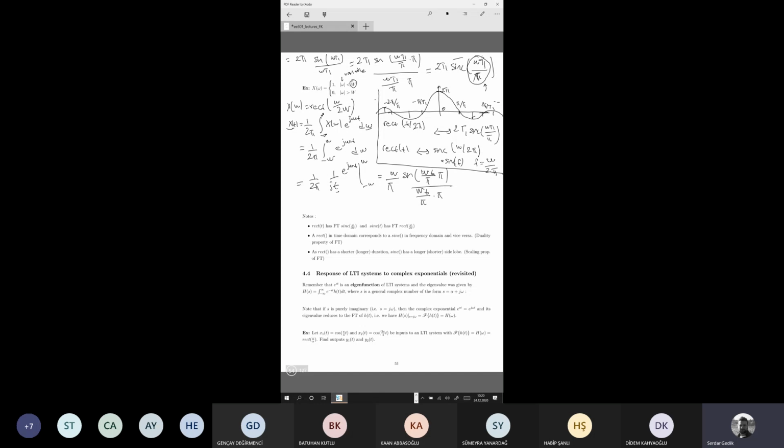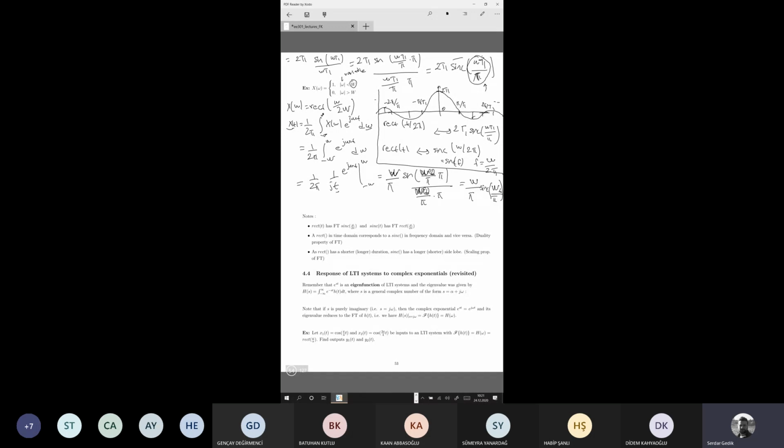These are all capital omegas because I'm in time domain. So I have t here, I have t here. Since I'm in time domain, I should not have lowercase omegas. So this is nothing but capital omega over pi times sinc of omega t over pi.